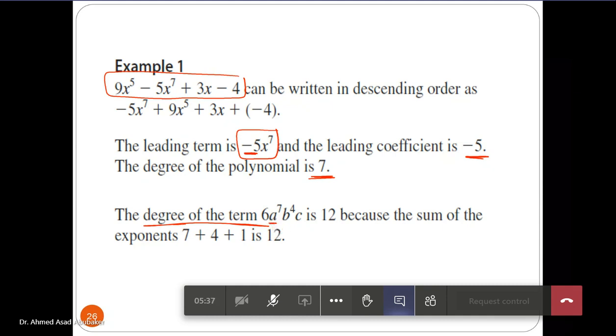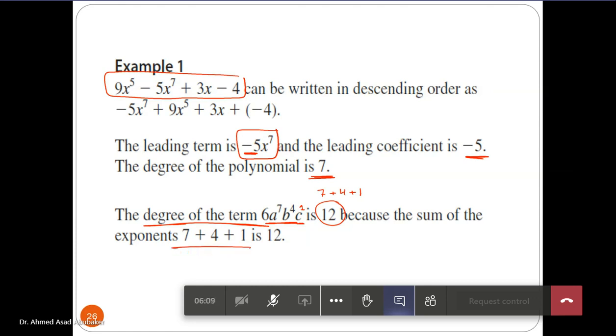A has exponent 7, B with exponent 4, C with exponent 1. This is 1, but we do not write the 1. So this term has degree 12, from 7 plus 4 plus 1. Okay? Like this.